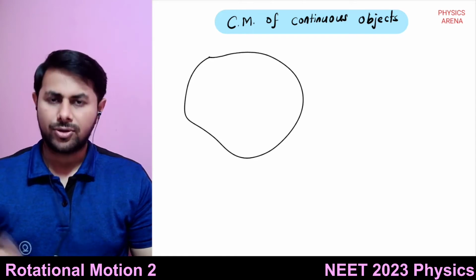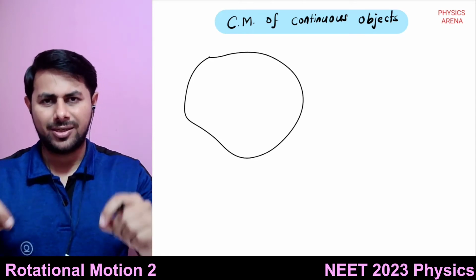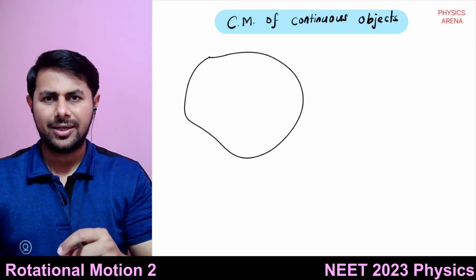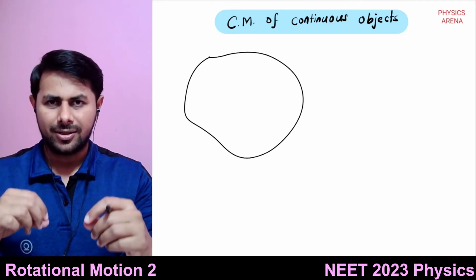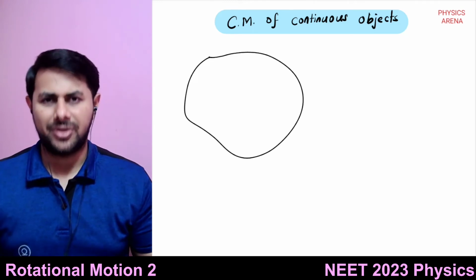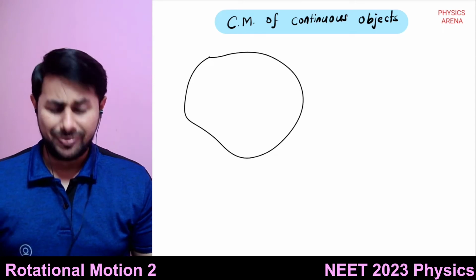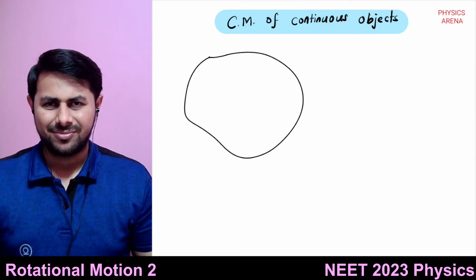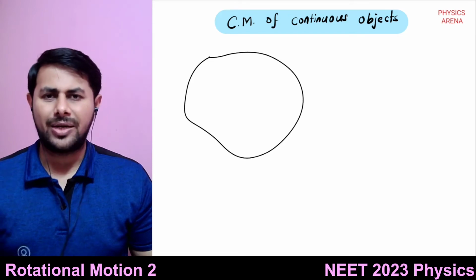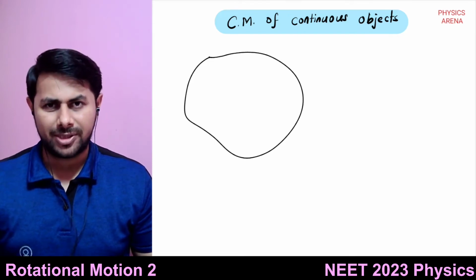So when we say it is made up of particles, then it means that we are considering some discontinuities, where the mass is continuous. So what is the best strategy to find out the center of mass of this kind of objects?